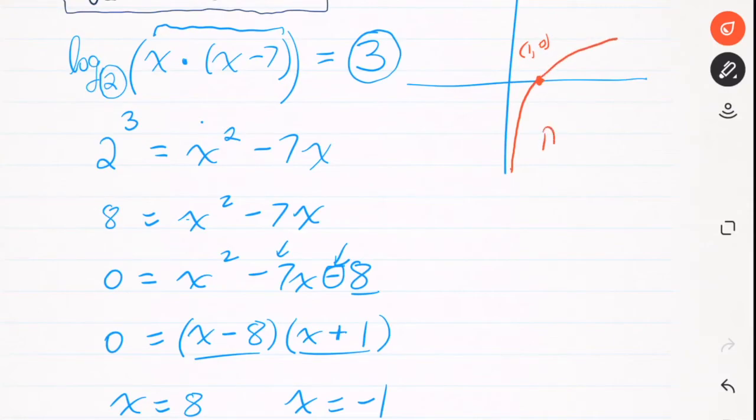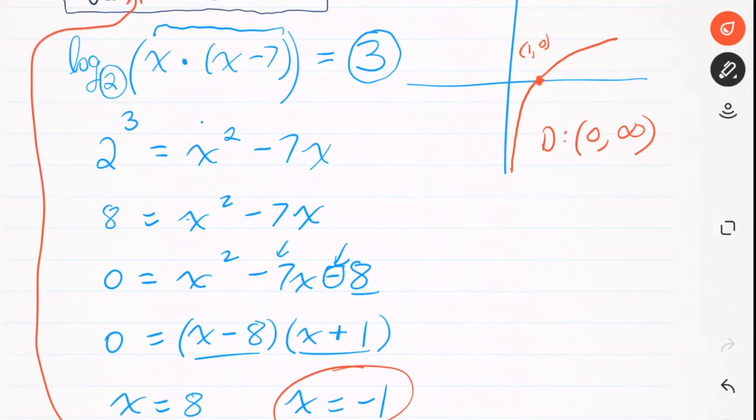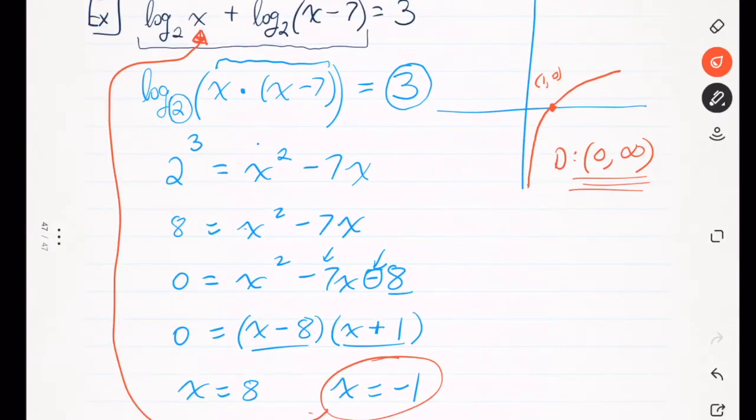So the domain of this function is not including 0, all the way to infinity. So if that's the domain, and we take x equals -1 and plug it in right here, we have a problem. You're trying to take the log of a negative number, and negative numbers are not part of the domain. So this cannot be a solution to this equation.